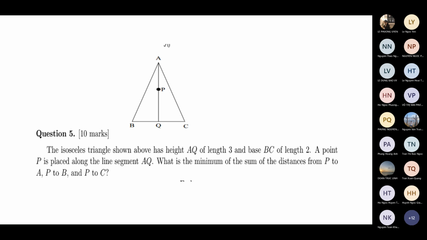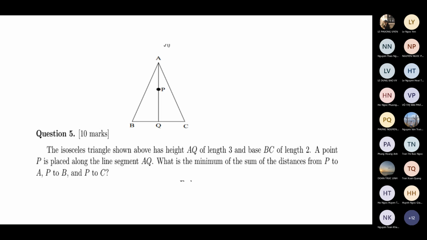And that's why PA plus PB plus PC gives you x plus 2 PB, which means x plus twice the square root of 3 minus x squared plus 1. Here, x is a positive number. So PA plus PB plus PC gives you a function of x.